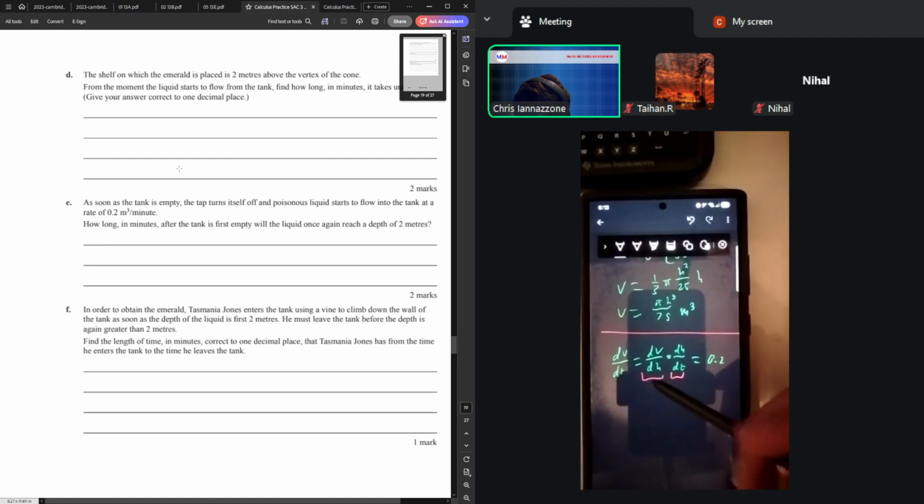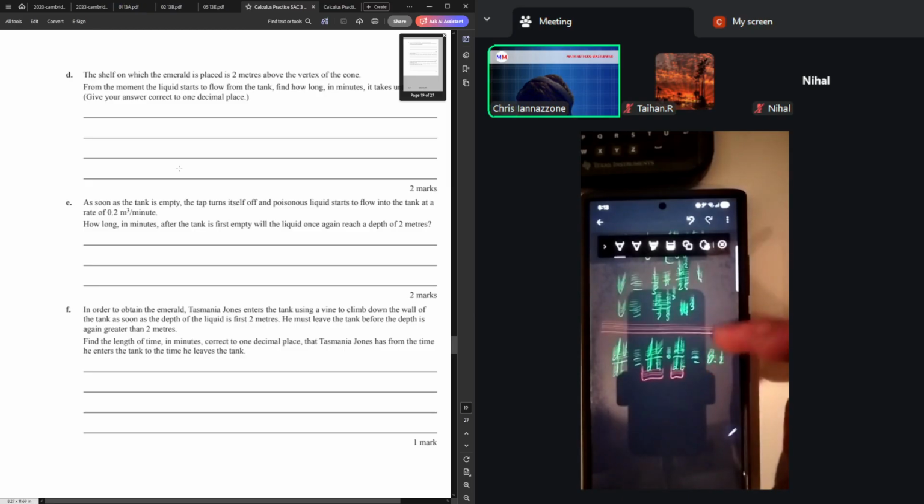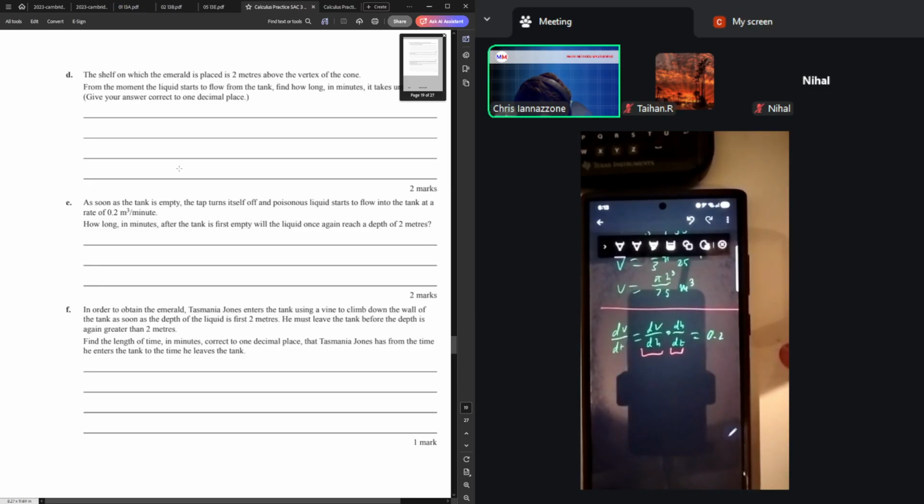So essentially we calculate this, calculate that, multiply them up, and what you end up with is going to be 0.2, from which then you solve for the t in the equation. That's the gist of it there.